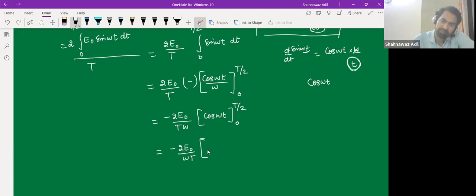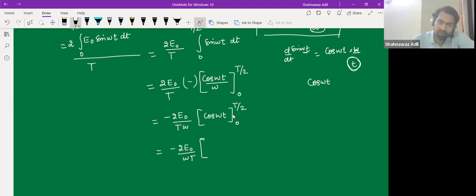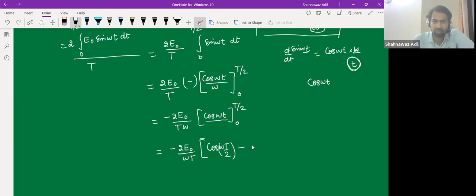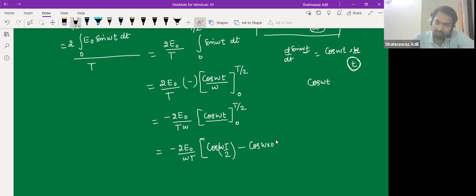So t by 2, but the function is cos omega t, so cos omega t by 2, in place of t, right? So this would be cos omega t by 2 minus the lower limit. So what would be in here? Cos omega into 0, right? Good. So then what do we have?